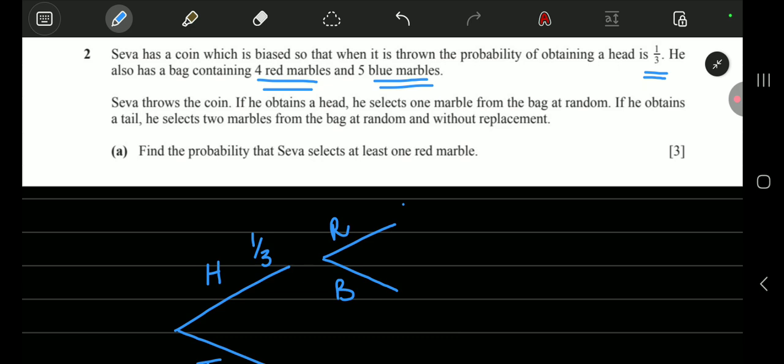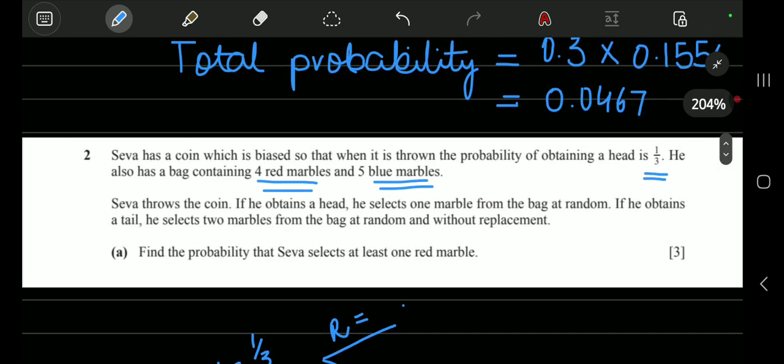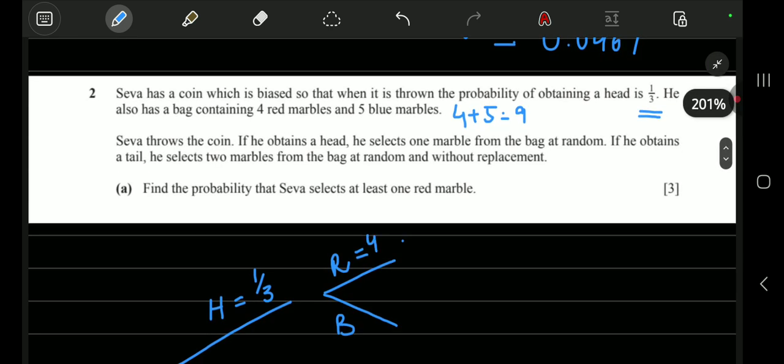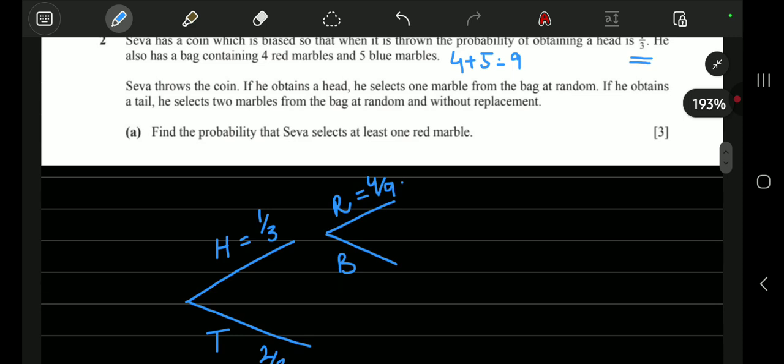So the probability of the red would be 4, and the total is 9. So 4 plus 5 is 9. So 4 out of 9 is the probability of getting a red, and 5 out of 9 is the probability of getting a blue marble.